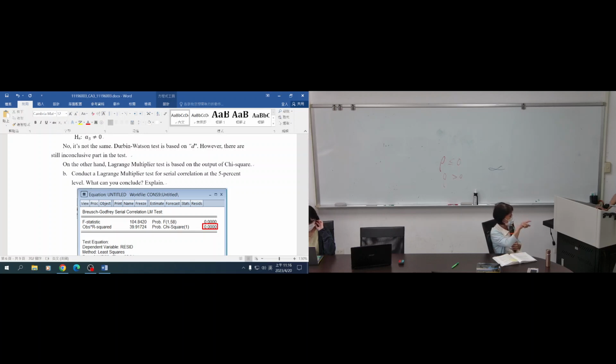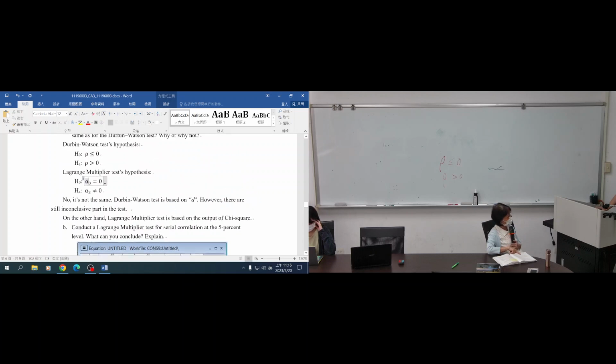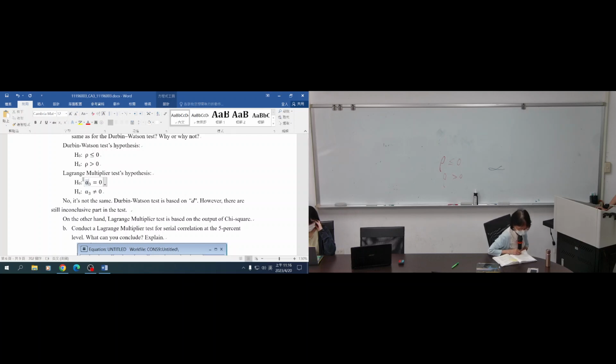After you write down the equation like the textbook, then you can say alpha 3 or alpha something. You cannot just use this one.